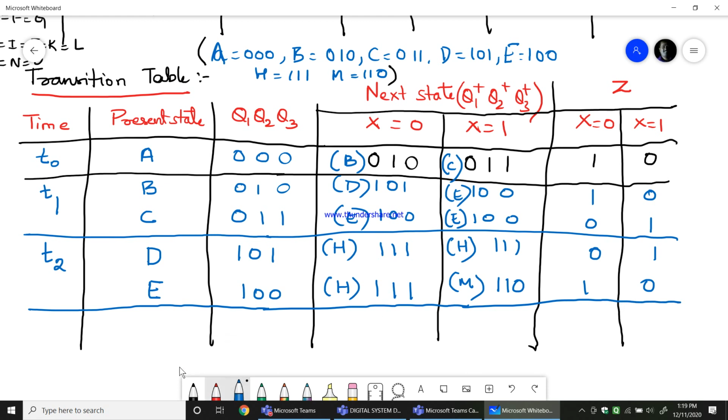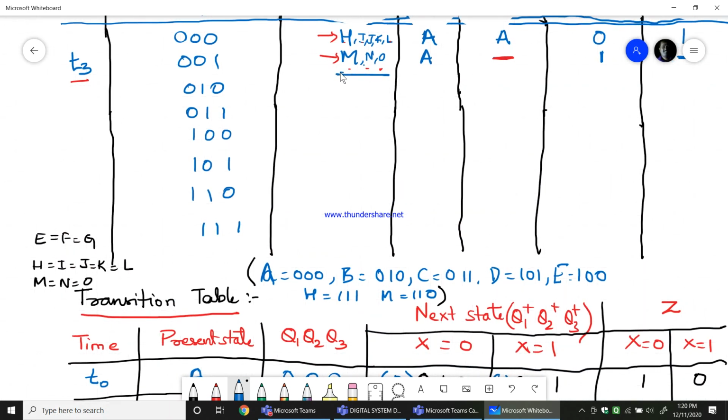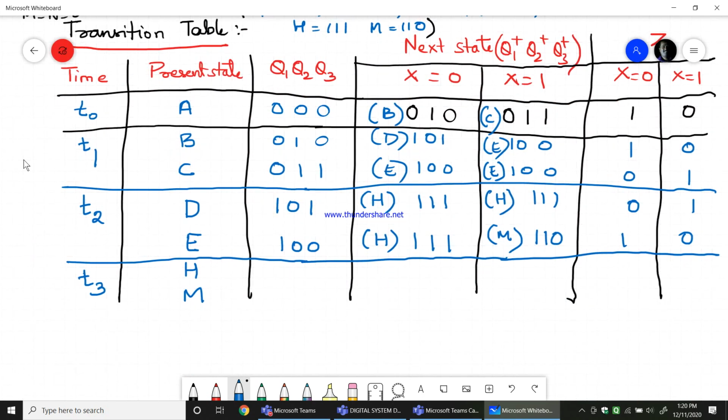Finally, at T3 we saw H and M are the two states. If you see in the table, at T3 H and M are the two states where A and A. So H is 111, M is 110, and A is all zeros.